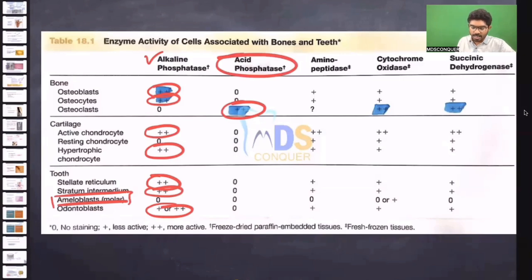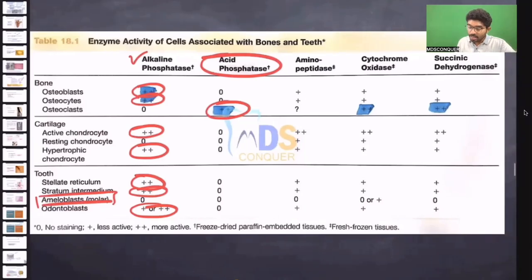Acid phosphatase is increasing in the osteoclasts. Apart from acid phosphatase, what else is increasing in the osteoclasts? Cytochrome oxidase is increased, succinic dehydrogenase is increased. Succinic dehydrogenase, cytochrome oxidase, and acid phosphatase are increasing in the osteoclasts.